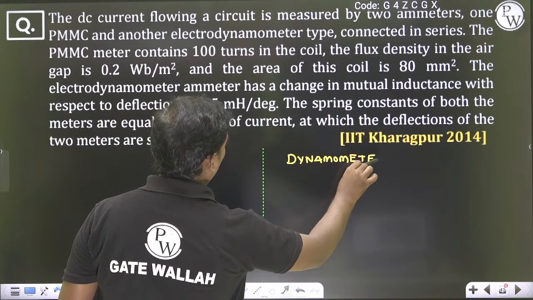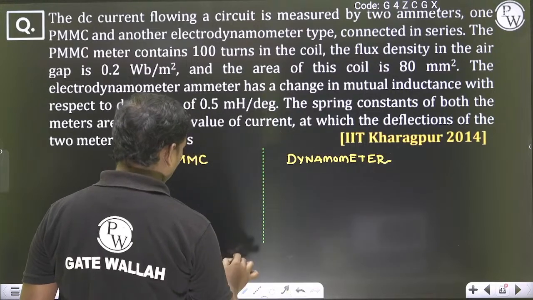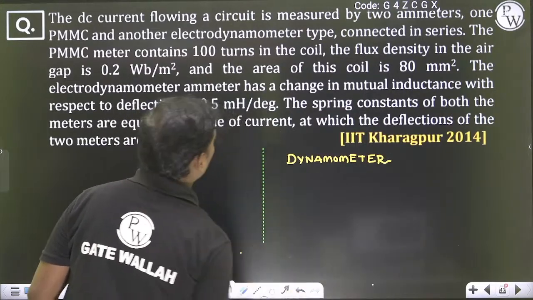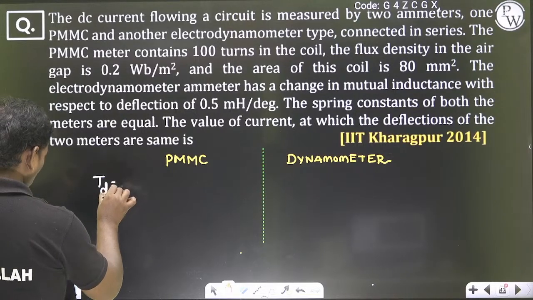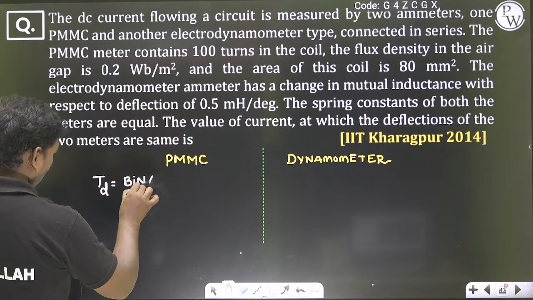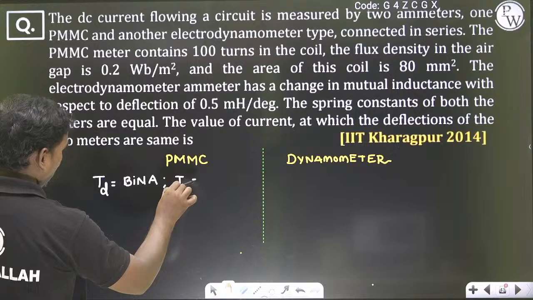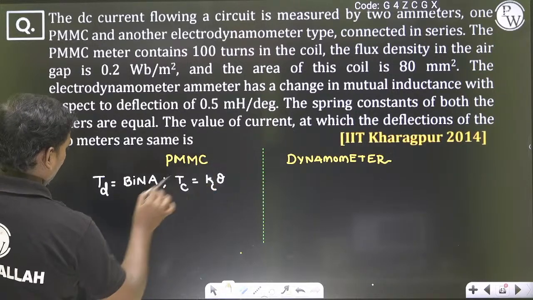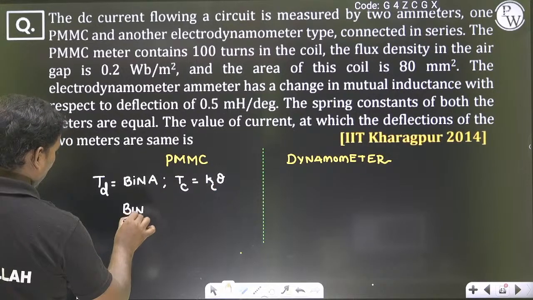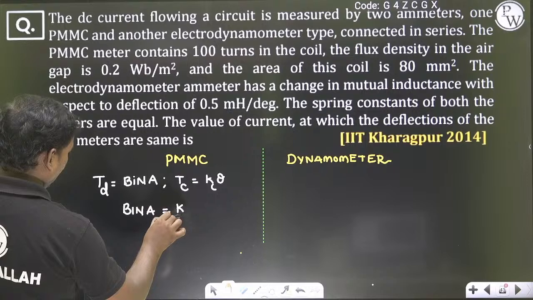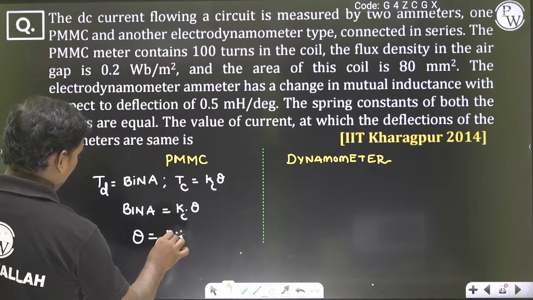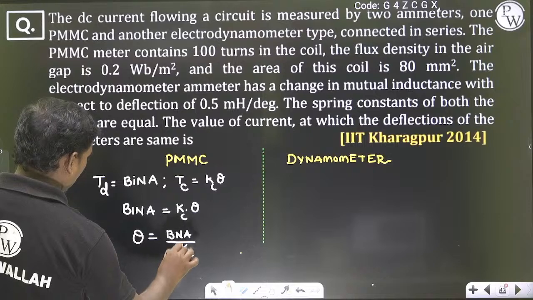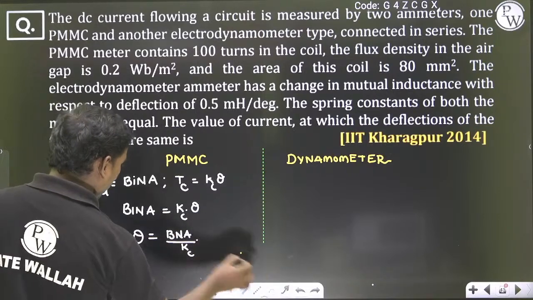If you see the PMMC expression, we know for PMMC the deflection torque is B N A I, controlling torque is equal to Kc theta. So B N A I is equal to Kc theta. So theta is equal to B N A by Kc into I.